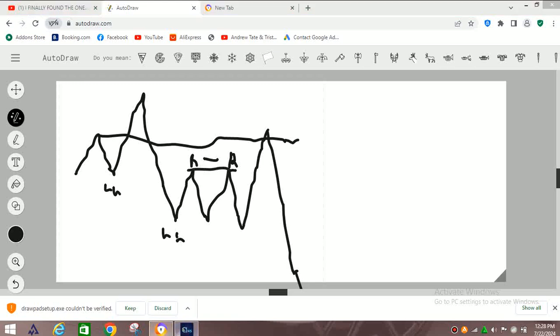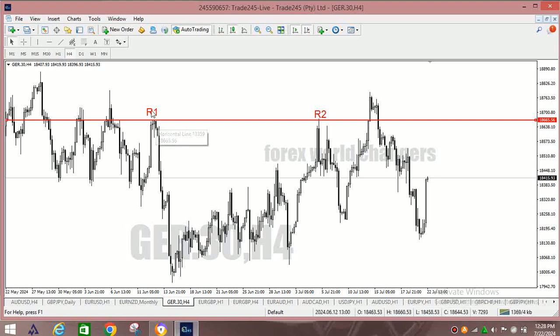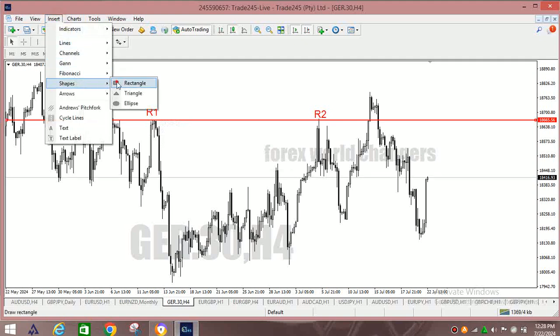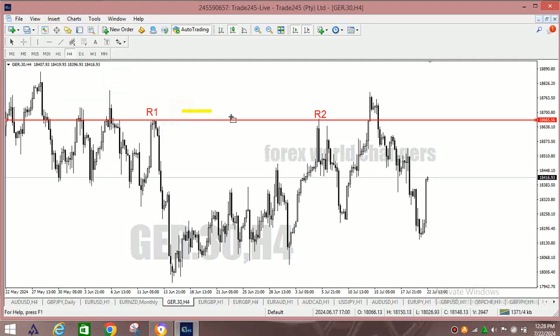So let's go back to the theory. Knowing that this is R1, R2, by just highlighting it for you, making it simpler, we know at this zone there's a lot of stop loss. So the price just has to go above this R1, R2, trigger the stops, and then go down after taking the stop loss.